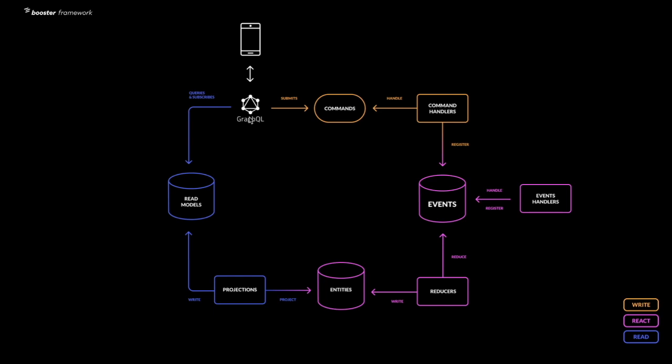As we said in the beginning, GraphQL has 3 basic operations. Mutations, which in Booster we use for submitting commands. But then we also have queries and subscriptions. So when this GraphQL endpoint receives a query or subscription, it will query or subscribe to a read model.